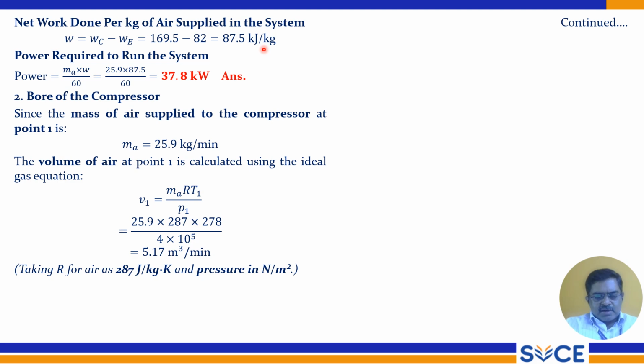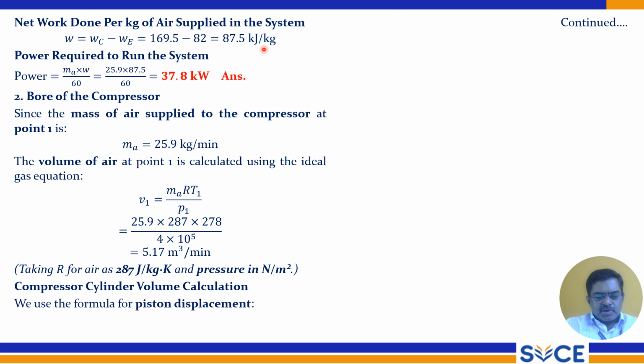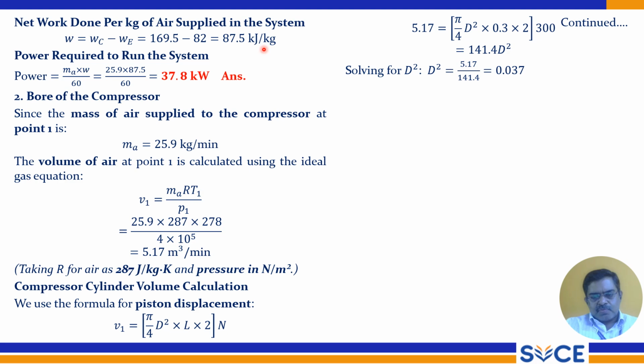So that is equal to 5.17 meter cube per minute, taking R equal to 287 joules per kg degree Kelvin, and the pressure in Newton per meter square. So compressor cylinder volume calculations can be done using the formula for piston displacement. So V1 equal to pi by 4 D square into L into 2 into N. Substituting those values in terms of D, we get 141.4 D square.